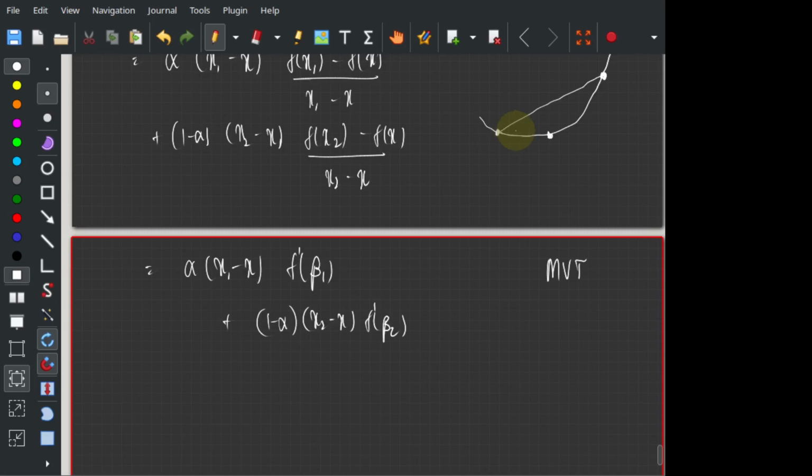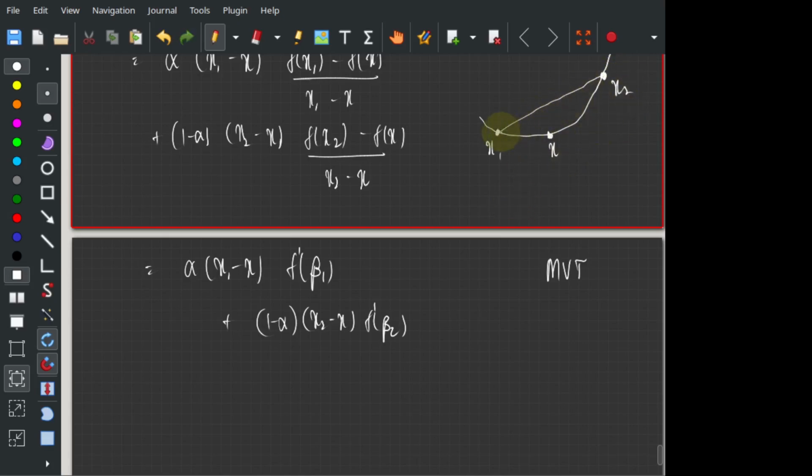So basically, what am I doing over here? I have this straight line joining these 2 points, x1, x, and x2.